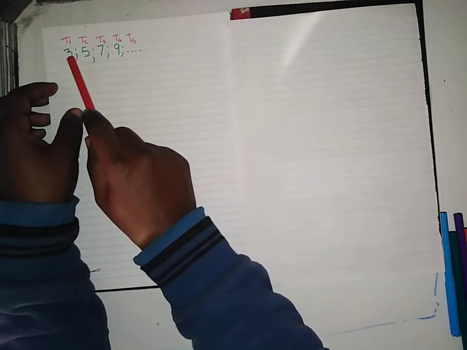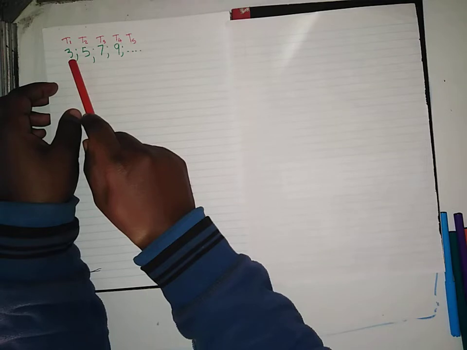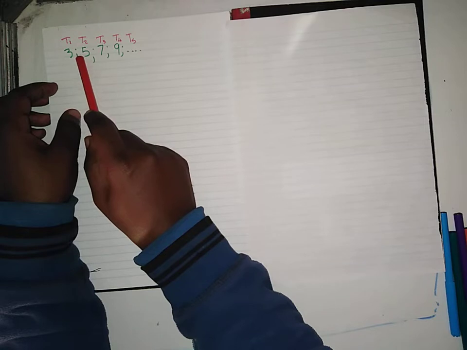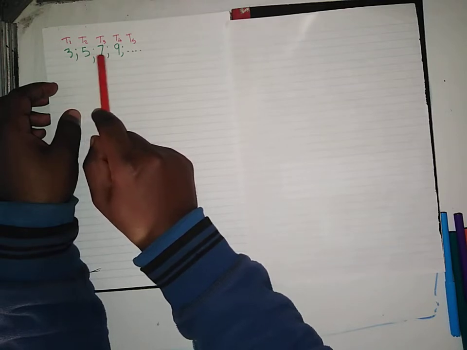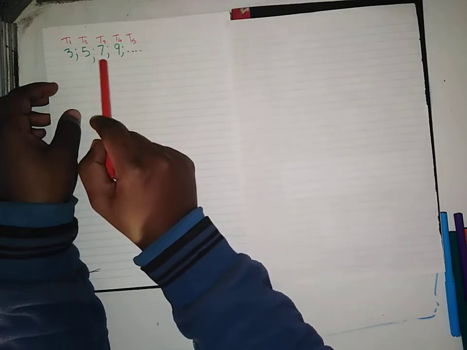The difference between 5 and 3 is actually 2. Let me keep that in mind, and go to the second and third numbers. What is the difference between these two? I'm finding something interesting. It's also 2. Let me go to the third and the fourth.